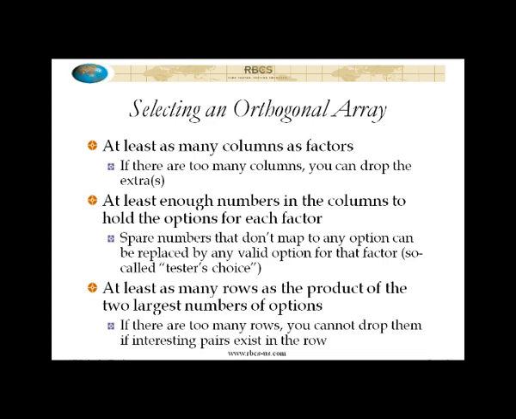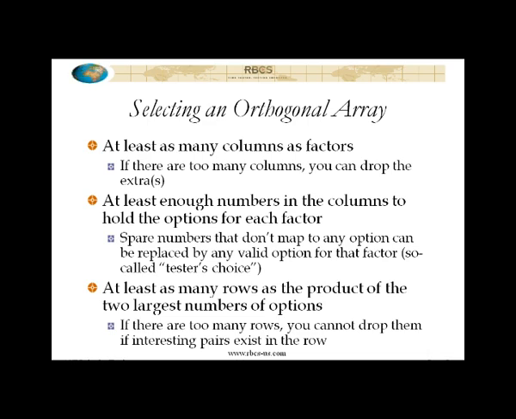Now, you look in each column. The column is going to have unique numbers in it, usually starting at 0 and running up to 6, 7, 8, 9 potentially. So there have to be at least enough unique numbers in the columns to hold the options that you've identified for each factor. So if you've got 5 options for one of the factors, and yet there's a maximum of 3 or 4 numbers in the columns, again, forget it, it's not going to work.